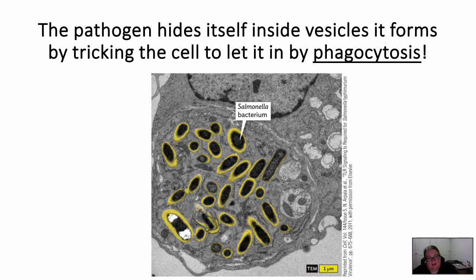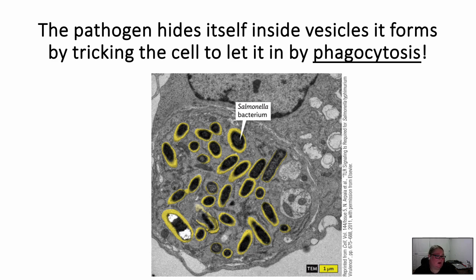Well, the answer has to do with endocytosis. Salmonella enterica is going to trick your cell into bringing it in via phagocytosis. But Salmonella enterica is going to make some proteins that are actually going to stop the process.